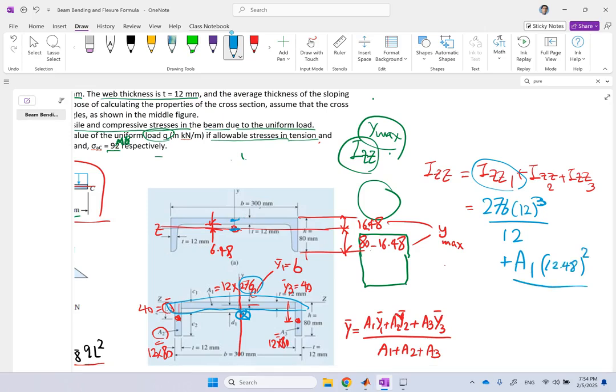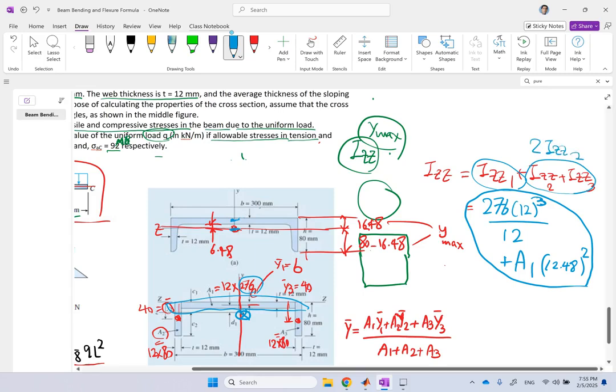squared. So I use parallel axis theorem for IZZ1, and then for IZZ2 and 3, I have to do the same. Now, since they are the same shape, I can only calculate one of them and multiply it by 2, because they are identical shapes with respect to the centroid. So if I calculate the whole IZZ using parallel axis theorem, I also have that number.